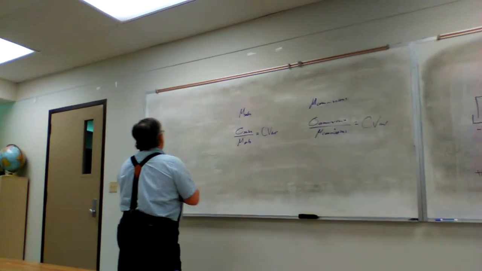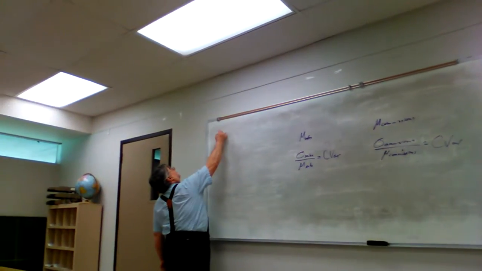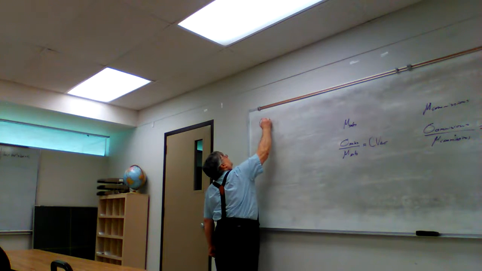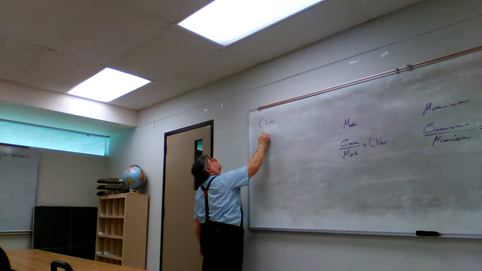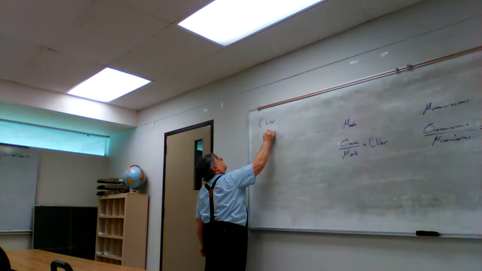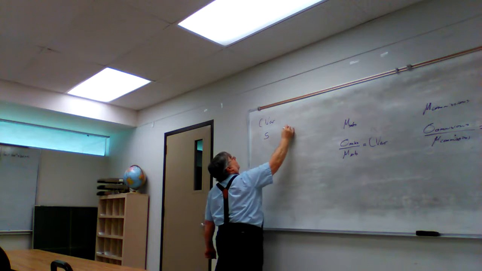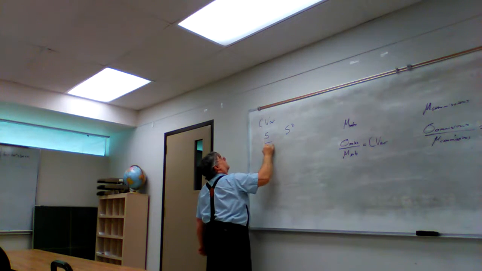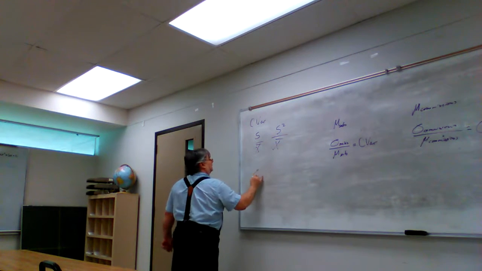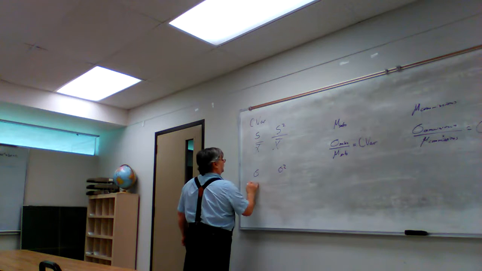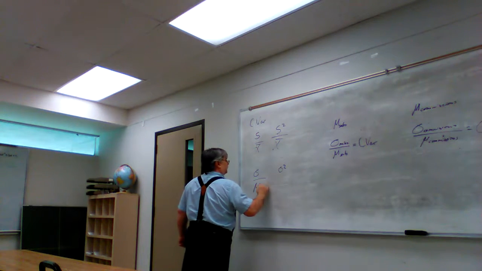So, coefficients of variance. You either divide S or S squared by X bar, or you divide sigma or sigma squared by mu.